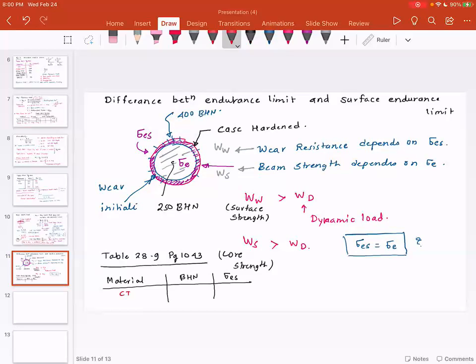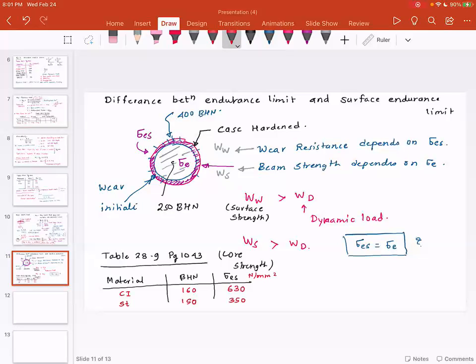So for an example, if you look at cast iron, you have a surface BHN of 160, sigma ES is 630. If you have steel, and again, steel can be heat treated, you can go from 150 to 400, and you have 350 Newton per millimeter square.